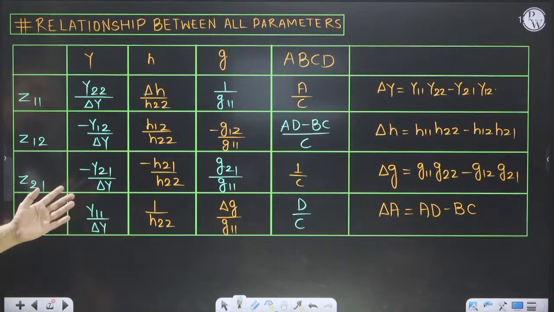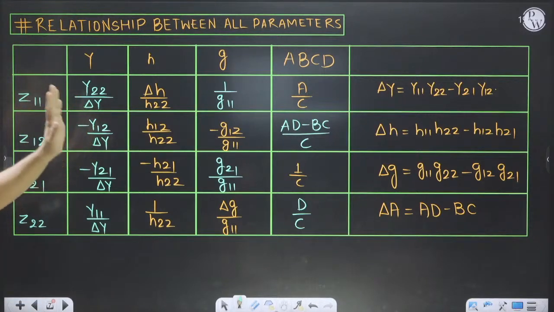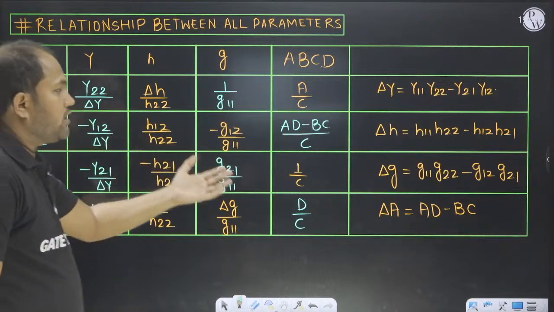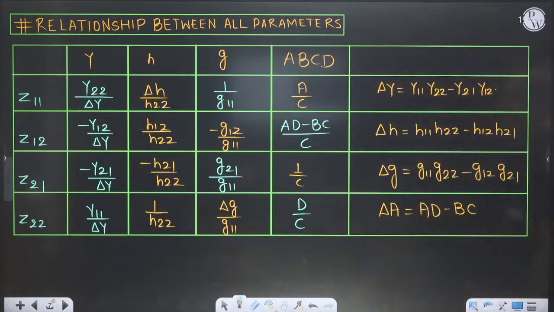And then we have studied the relationships between all parameters. Using the y parameter, how do you calculate the z parameter? Using the h parameter, the g parameter, and the ABCD parameter, how do you calculate the z parameter?